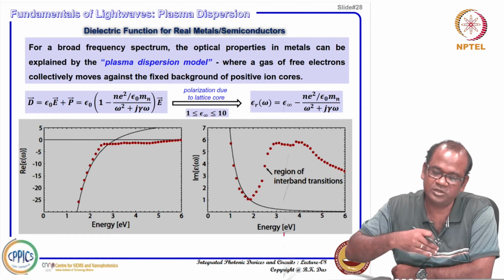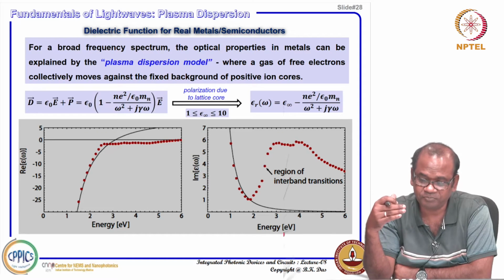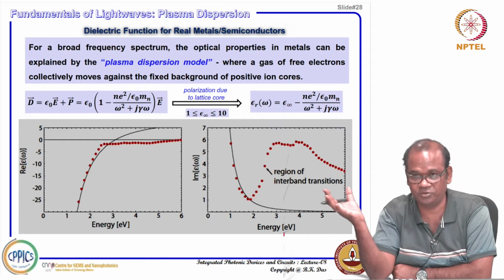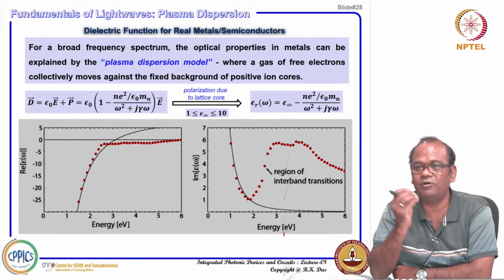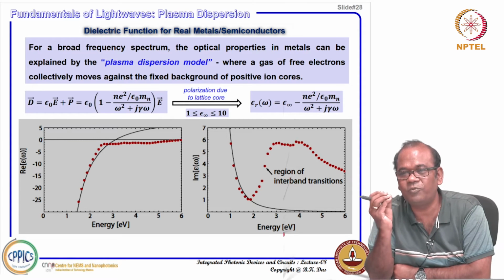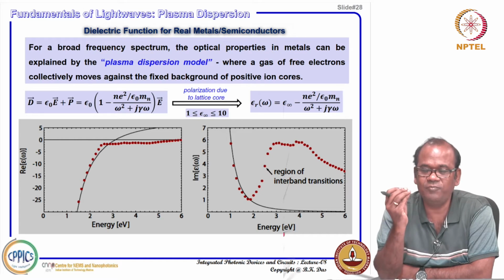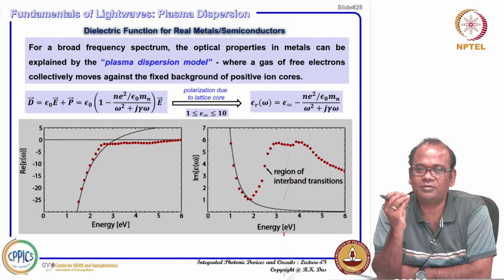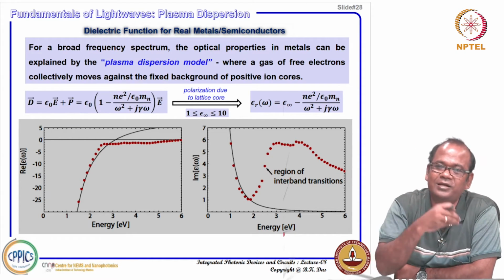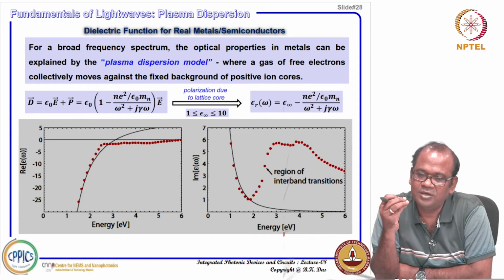It can be completely separated from your valence electrons, so the core electrons can also create a local dipole moment. That local dipole moment can contribute to the overall dielectric constant.